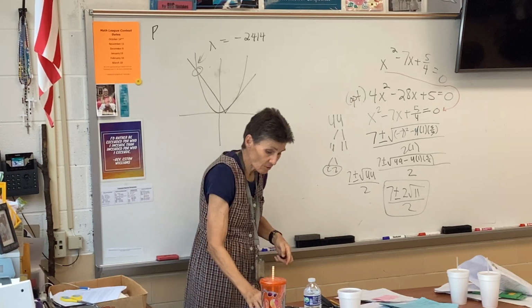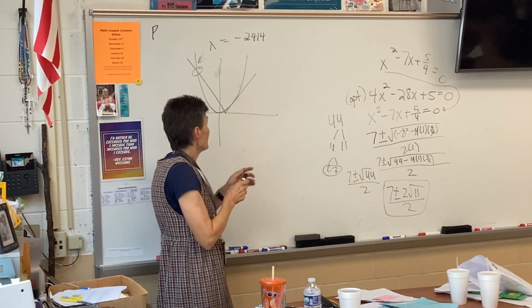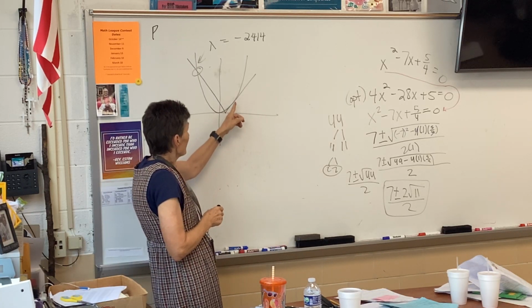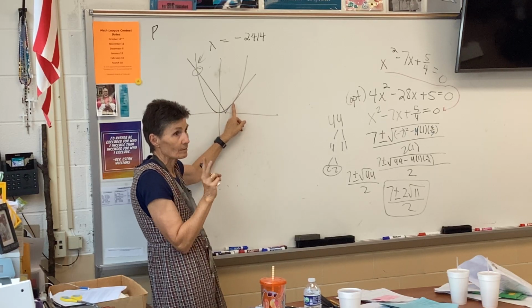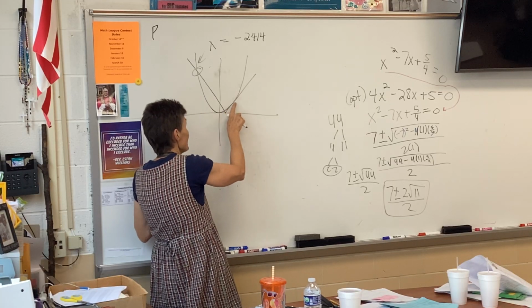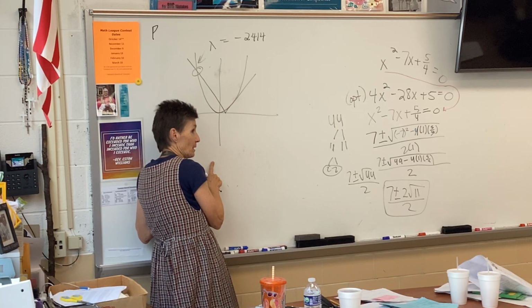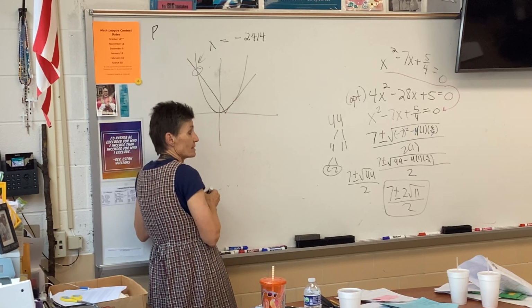Now, here is my question. There are only two options here. One option is the line is tangent to the parabola. That is, the line only hits the parabola once.